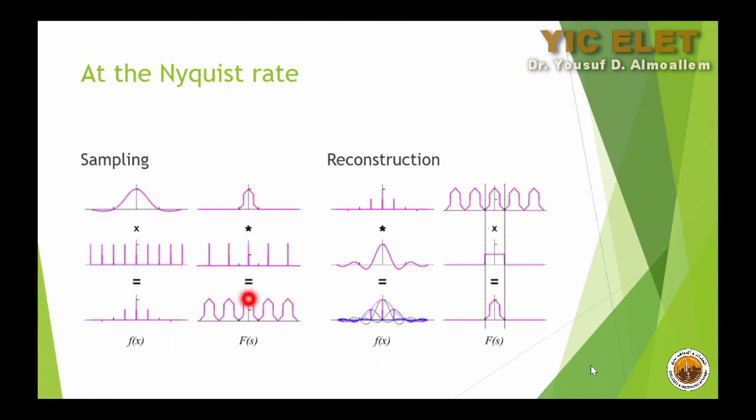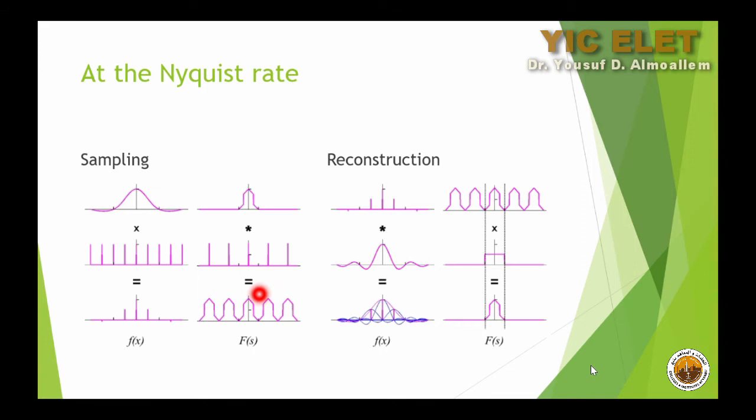If we sample in a way that the separation between these two, which is Fs, is greater than 2 FM, these will be separated from each other. If this is not the case, then these will overlap.